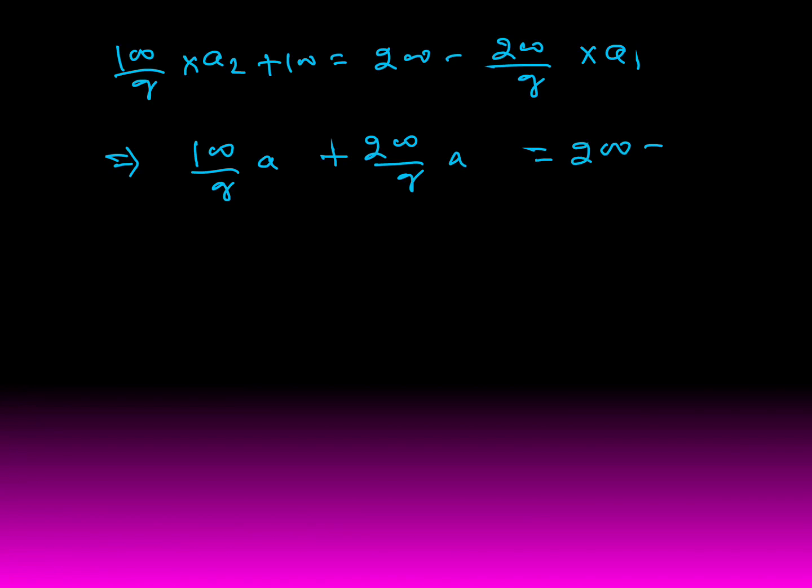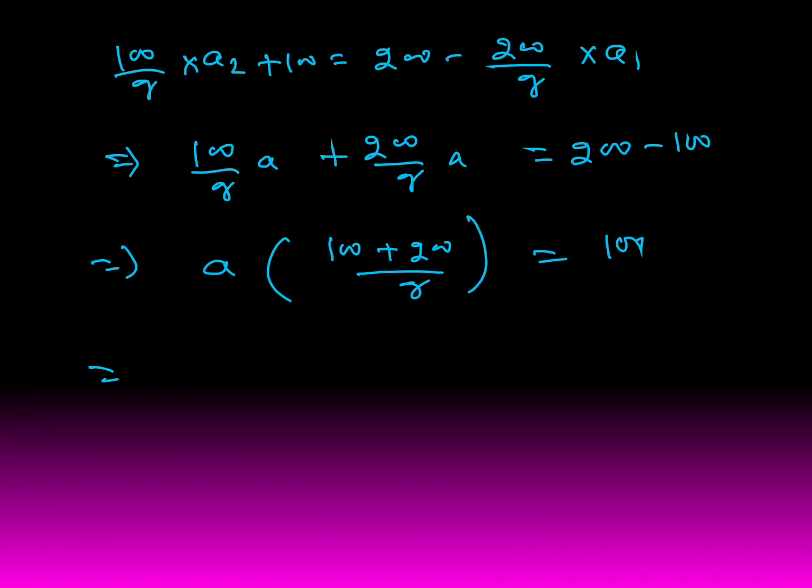So take A common, 100 plus 200 divided by g is equal to 100. Then A equals 100 by 300 into g, A equals g by 3.